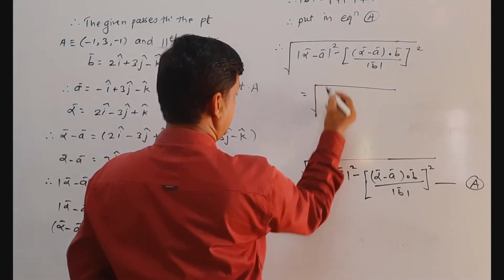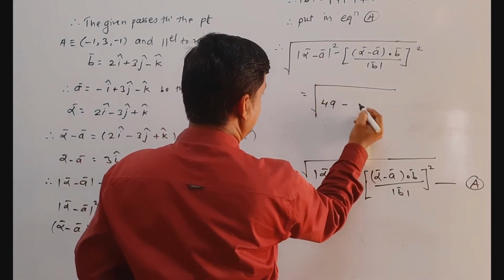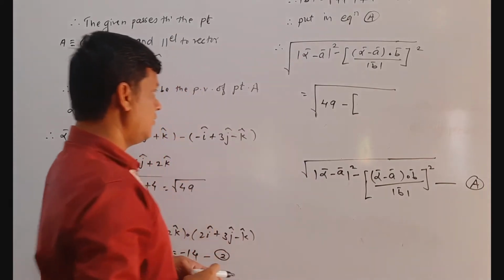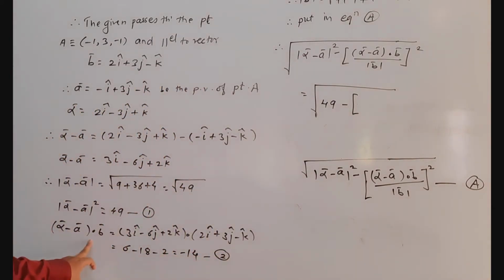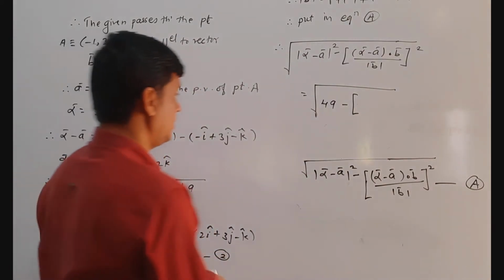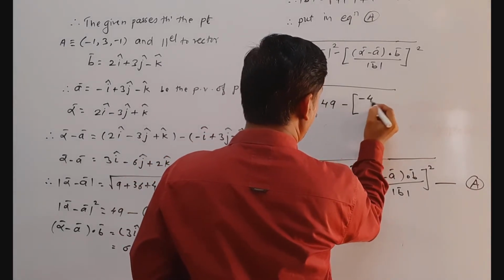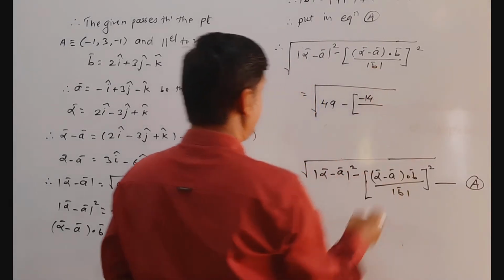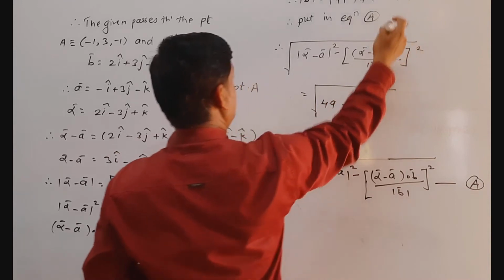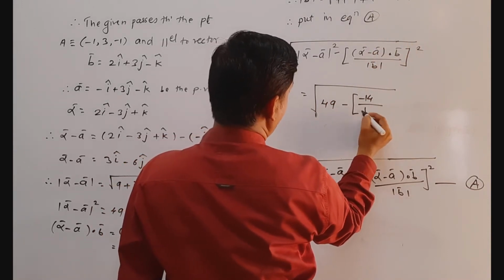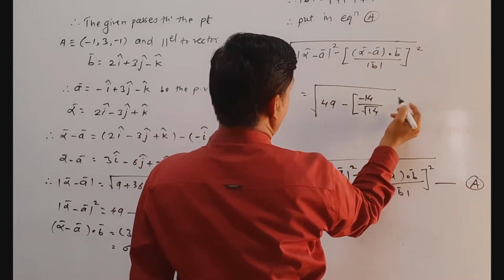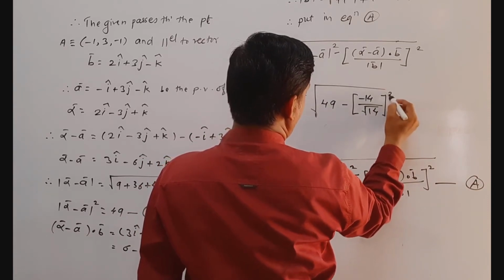So we get here 49 minus, in bracket we calculate this dot product from equation 2, we substitute that value as minus 14 upon this magnitude of B, we calculate square root of 14 its square.